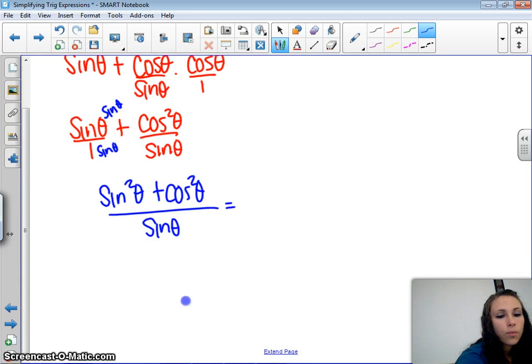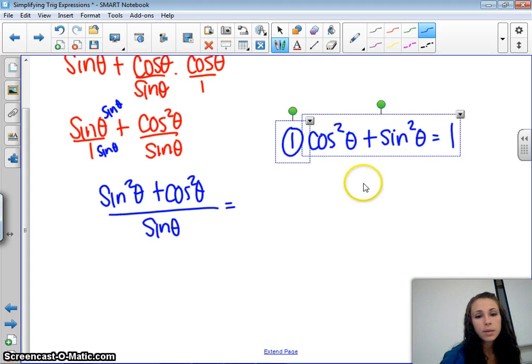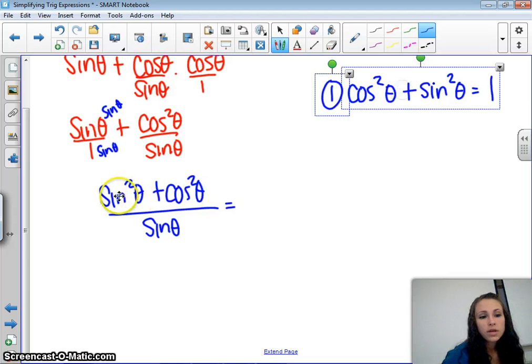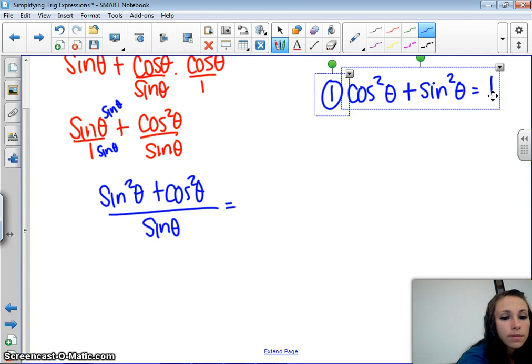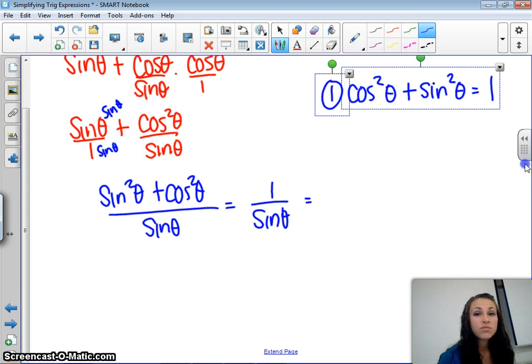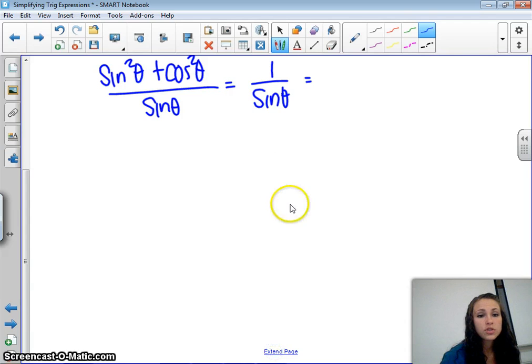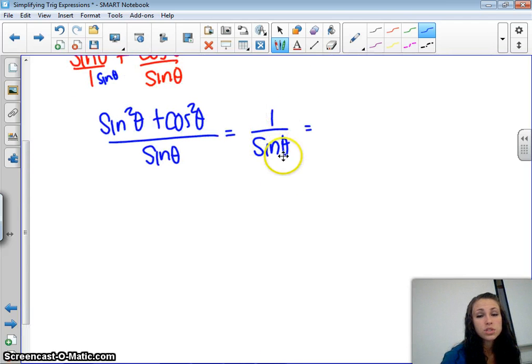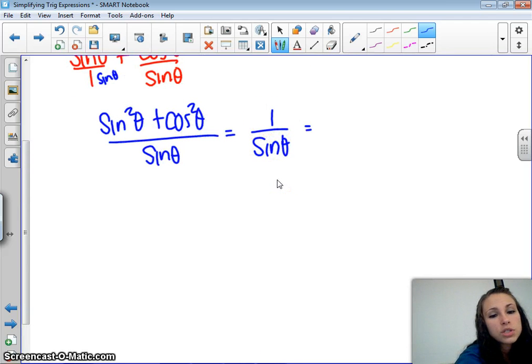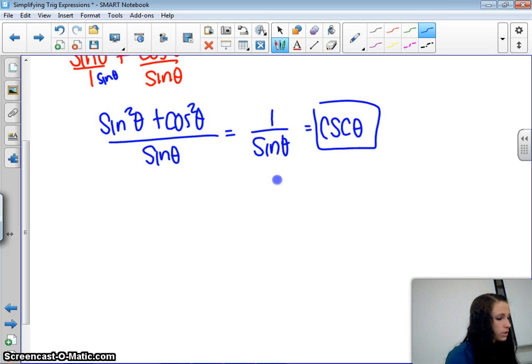Now, when I use my identity, so we're still using that same identity, I know that sine squared plus cosine squared is 1. So this is really just 1 over sine. And then I don't want to leave my fractions, so I know that 1 over sine is just one of those reciprocal identities, and that's just going to be cosecant as my final answer.